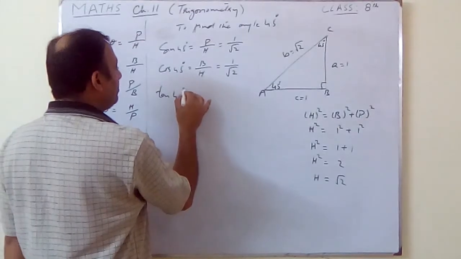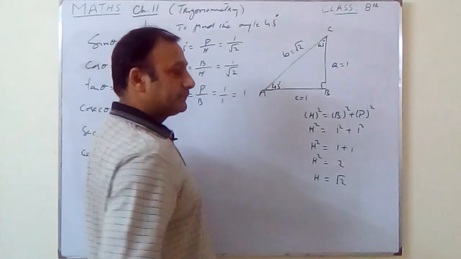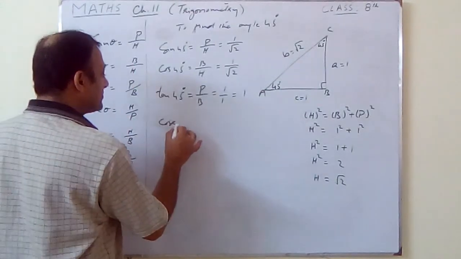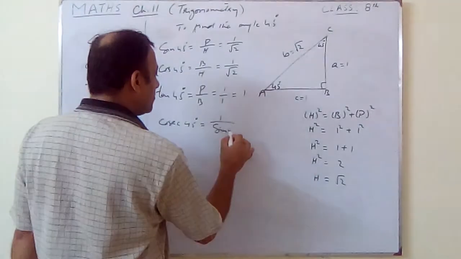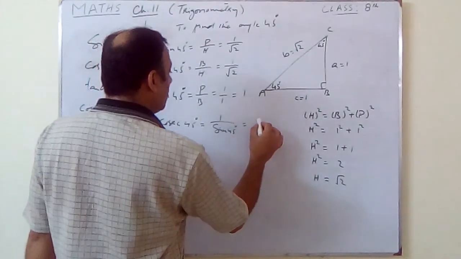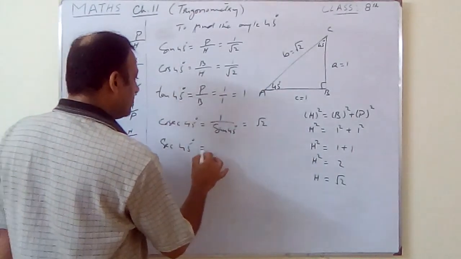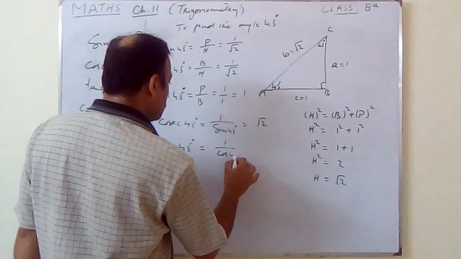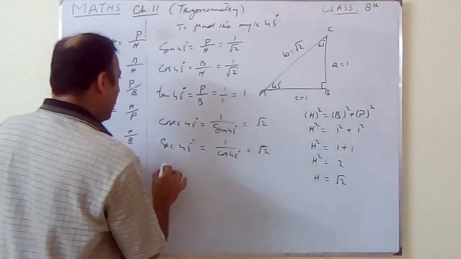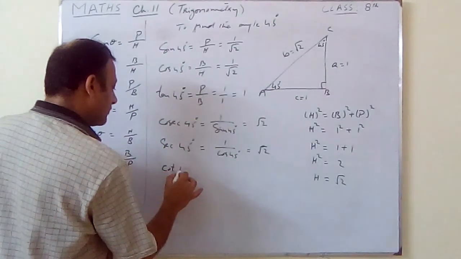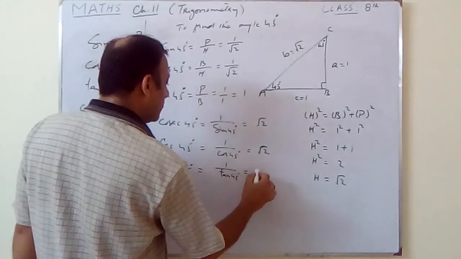Tan 45 is perpendicular over base, 1 divided by 1, and their reciprocals: cosecant 45 is 1 divided by sine 45, equal to square root of 2, secant 45 is 1 divided by cos 45, that is square root of 2, and cot 45 is 1 divided by tan 45, equal to 1.